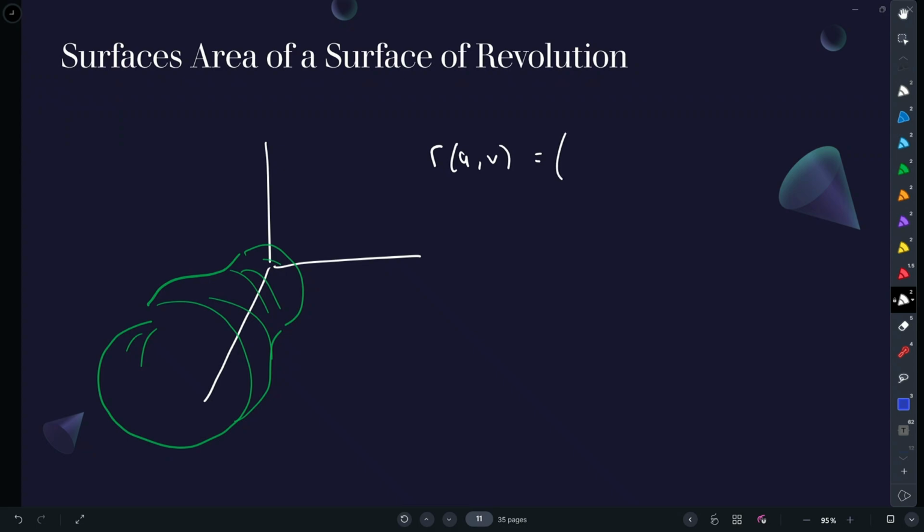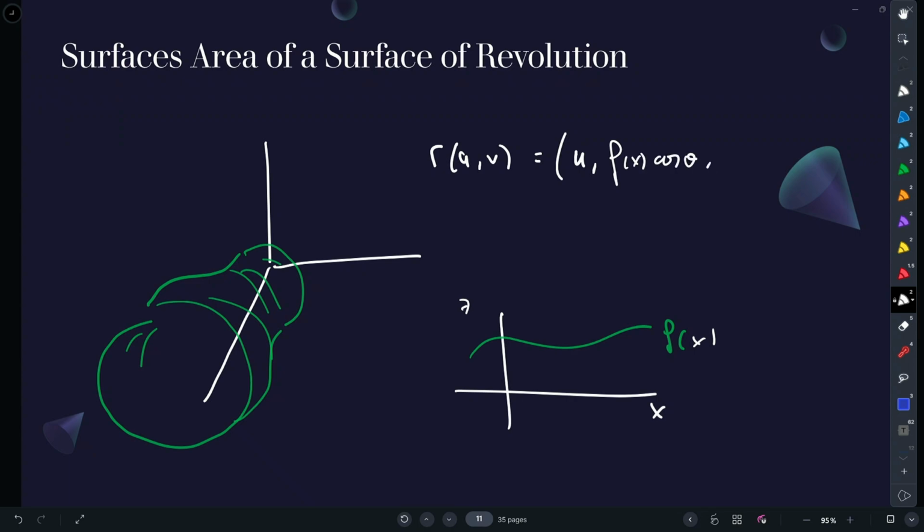The x coordinate is the parameter, and then if the graph, in z for example, was this function f of x, then we've set this up as x, f of x cosine theta, f of x sine theta, just to know what the coordinates in x and y are as we go along.